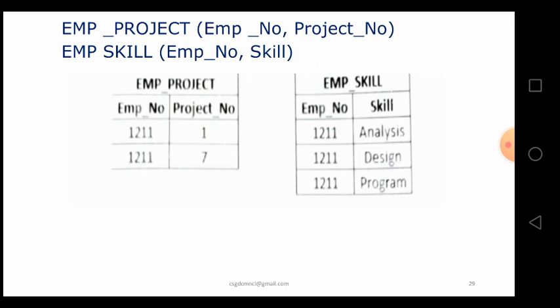In employee skill, the employee number is the same but skills are different. Here skills and project number are not dependent on one another. These are independent attributes, project number and skills.